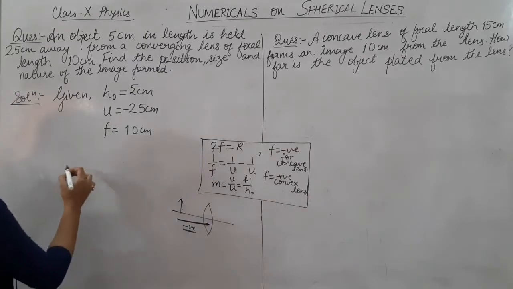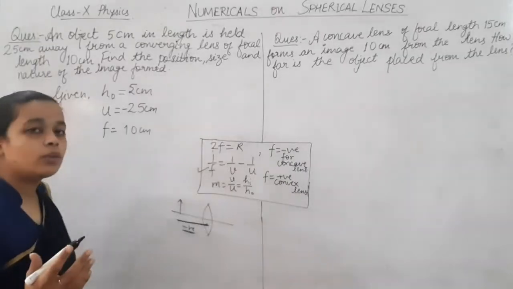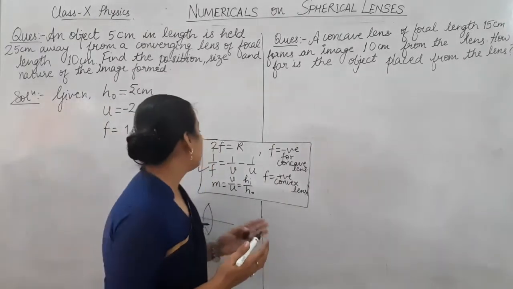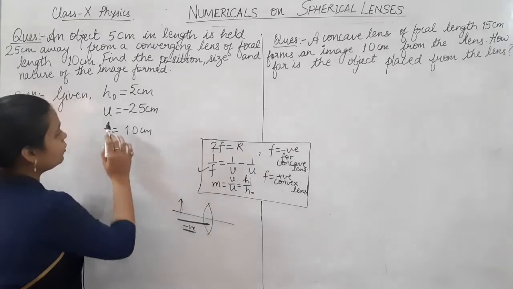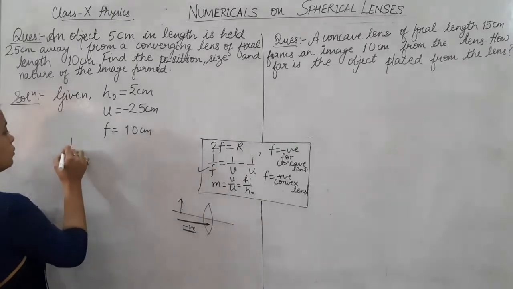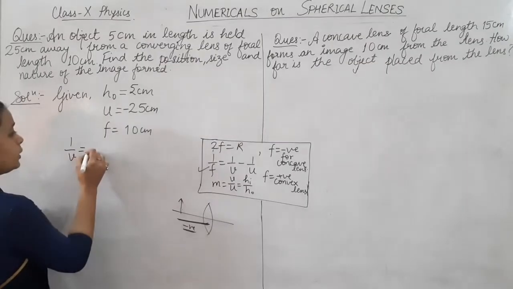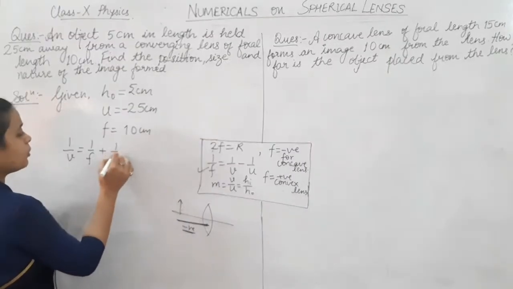Now while using this relation, you already know that this is the lens formula. F is given, u is given, we have to find out v. So from the lens formula, 1 upon v is equal to 1 upon f plus 1 upon u.